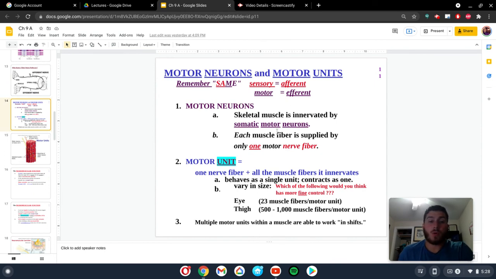Anyways, back to this motor unit. A motor unit is the one nerve fiber we just talked about, because again, each muscle fiber is going to have only one nerve fiber, and all of the muscle fibers that it's going to innervate, meaning that one nerve can branch out and impact multiple muscle cells.